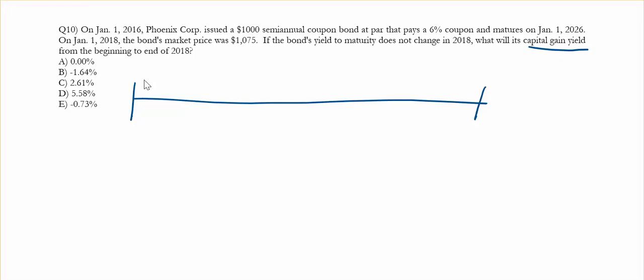Now, we're told the bond was issued in 2016. Par value of 1,000, semi-annual coupon bond that pays 6% coupons.